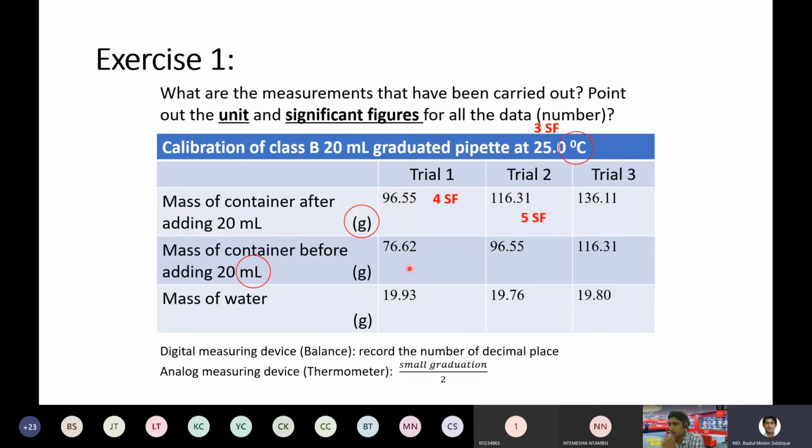Let's say I am using 96.55 plus 116.31, then 136.11, and 19.80, all together I'm adding or multiplying.